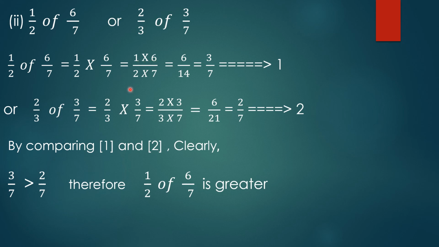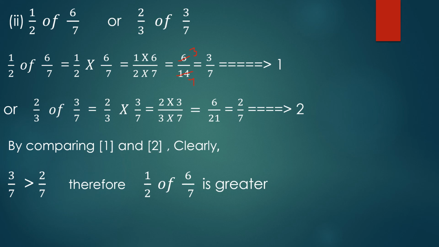Multiply the numerators and denominators to get the product of these two fractions. Therefore 6 ones are 6 and 7 twos are 14. Therefore 6 by 14. Again, 2 3s are 6 and 2 7s are 14. Therefore 3 by 7 is the answer for the given multiplication of the fractions.